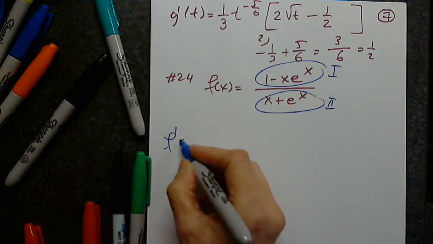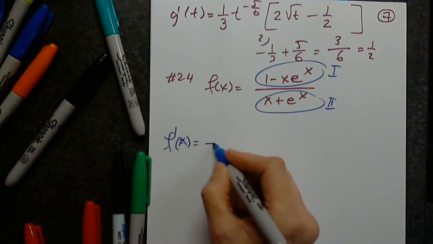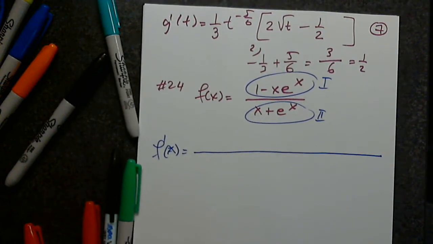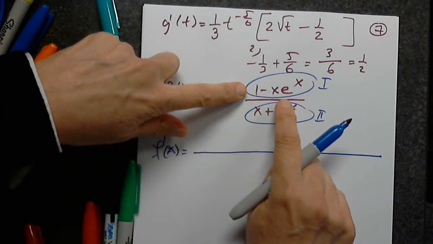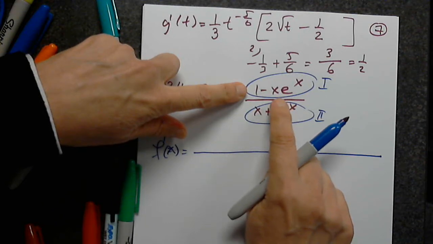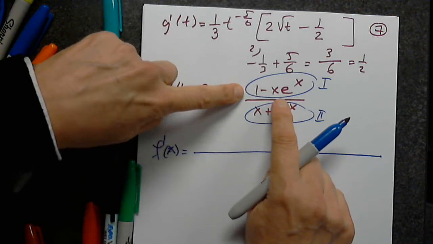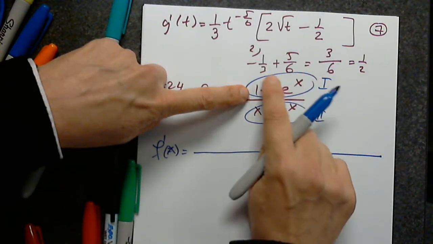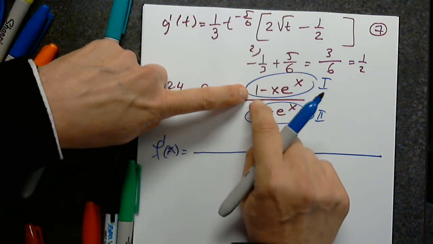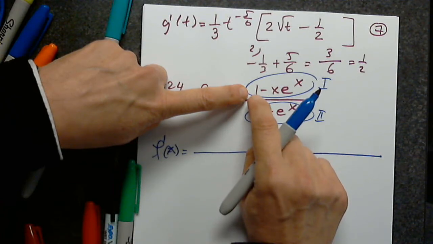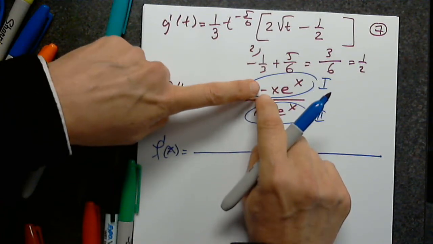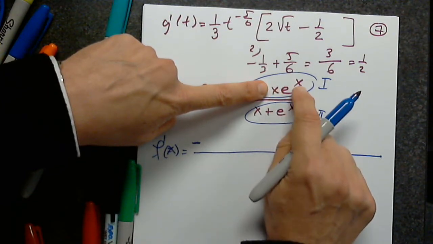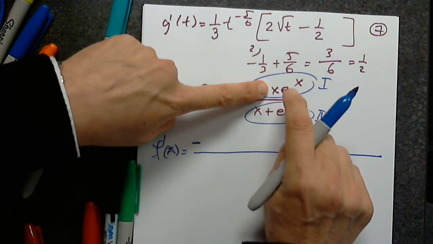So f prime of x equals the top prime. Careful, because it's a product. This is not a trivial situation. So when I differentiate the numerator, 1 prime is 0, correct? The constant prime is 0. Then minus. Leave the minus outside. This is a product now. I have to use the product rule.